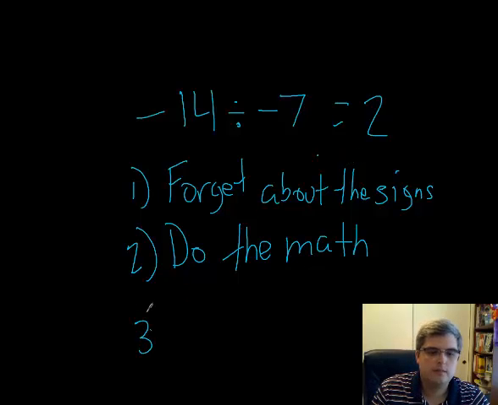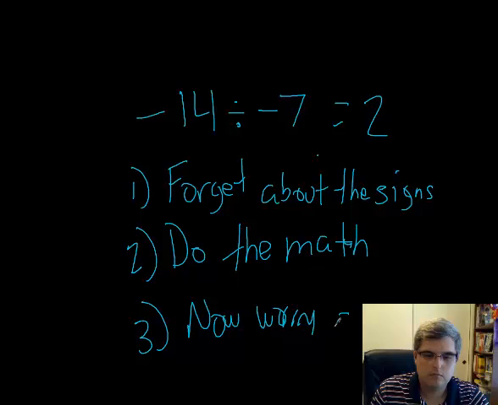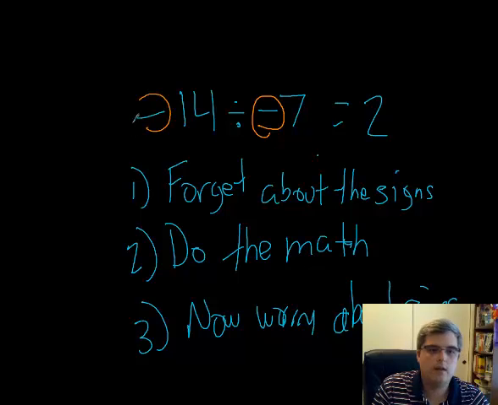Step 3. Now worry about the signs. Here's how you worry about the signs. Circle them. One there, one there. If this was blank, it would be what? Right, positive. So you would have a positive and a negative.